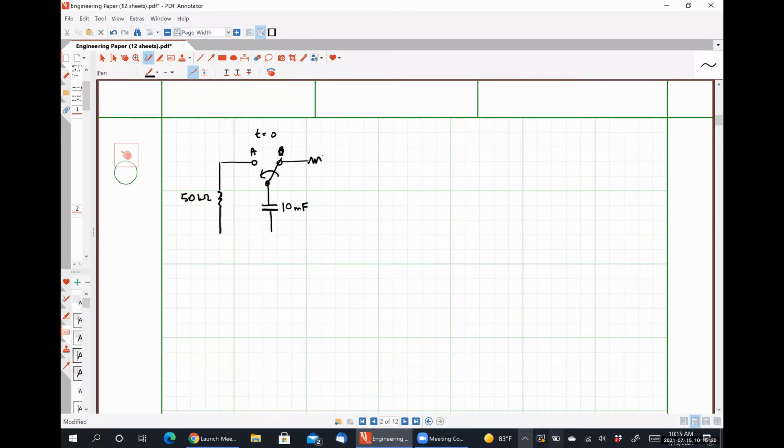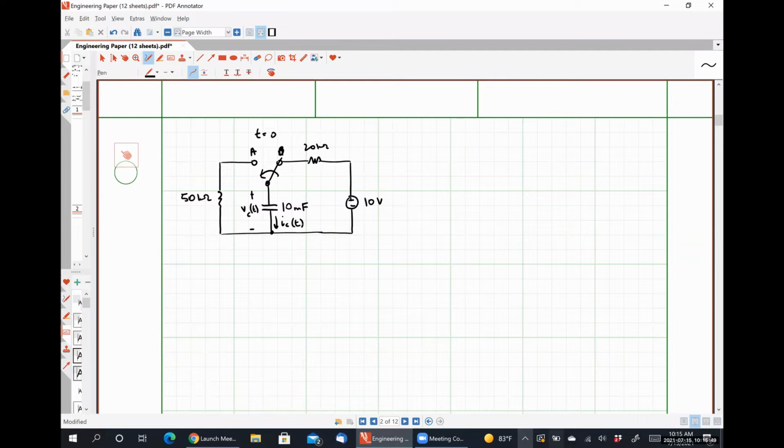Then we have a 20 kilo ohm resistor and a 10 volt source like so. And our quantities of interest will be VC of t and IC of t.